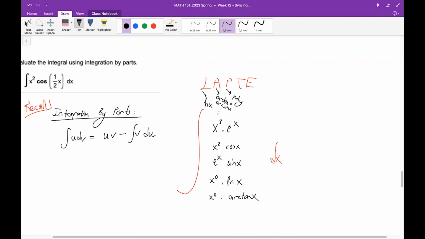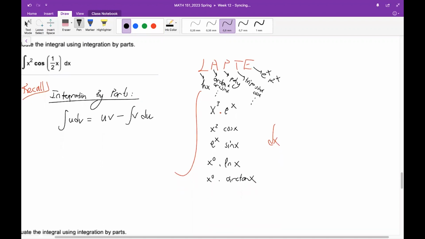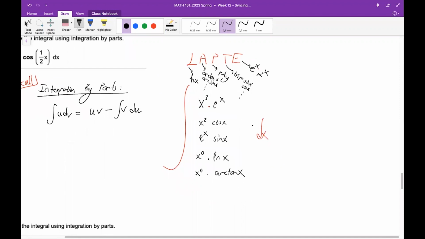P stands for polynomials, T stands for trigonometric functions like sine x, cosine x, and all the other trigonometric functions, and E stands for the exponential functions like this. So these are different types of functions in calculus 1, and if you have a product of any two types from this list, and if the integral is not evaluated by using substitution, then the best way is to apply integration by parts, okay?